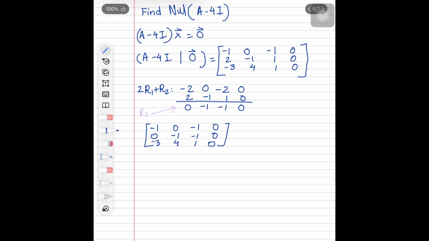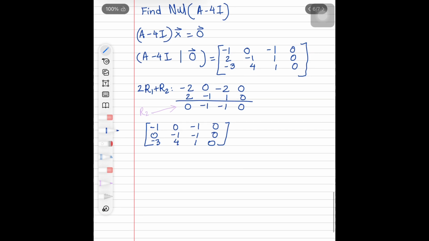We have our new row 2 over there. We can get rid of this right here by performing negative 3r1 plus r3.